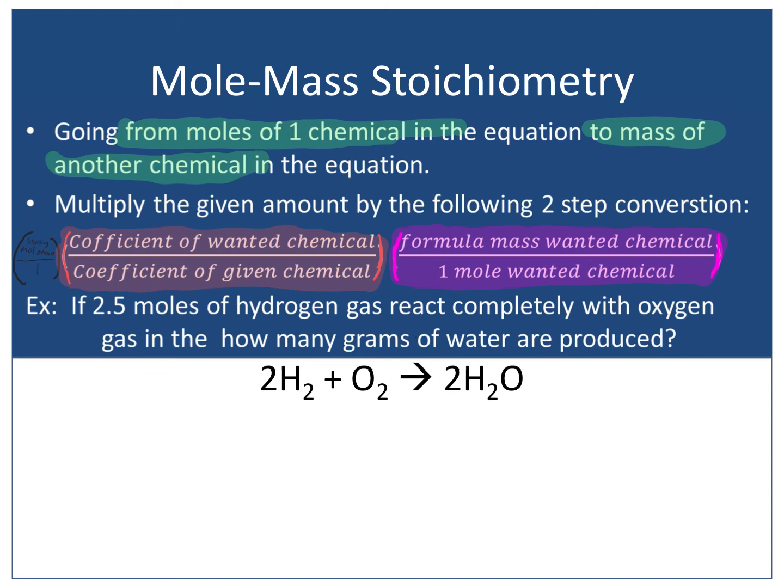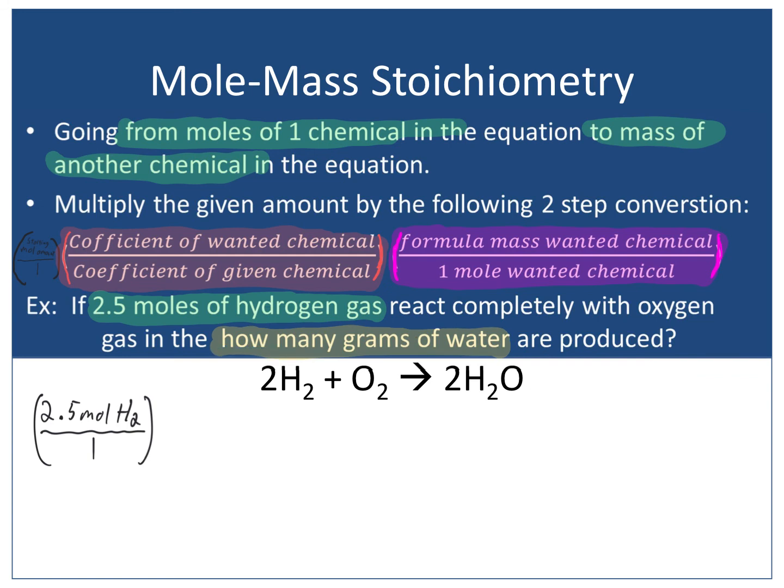So let's look at the question. If we got 2.5 moles of hydrogen gas, there's my starting amount. 2.5 moles of H2. Pop it over a 1. Help me establish a numerator and denominator. I get this hydrogen gas to react completely with oxygen gas, and I want to know how many grams of water.